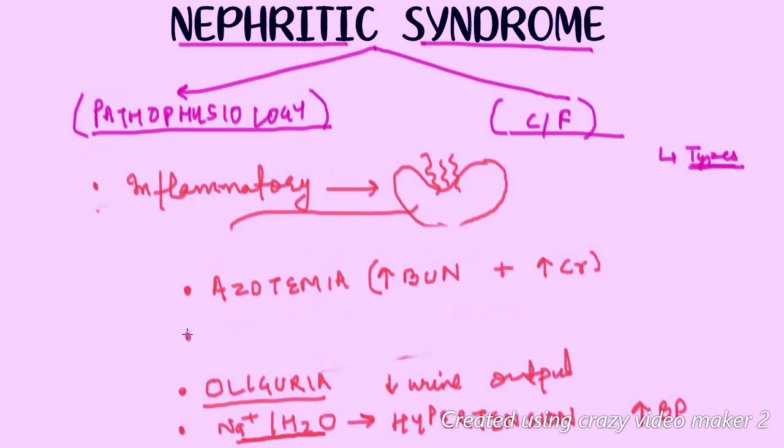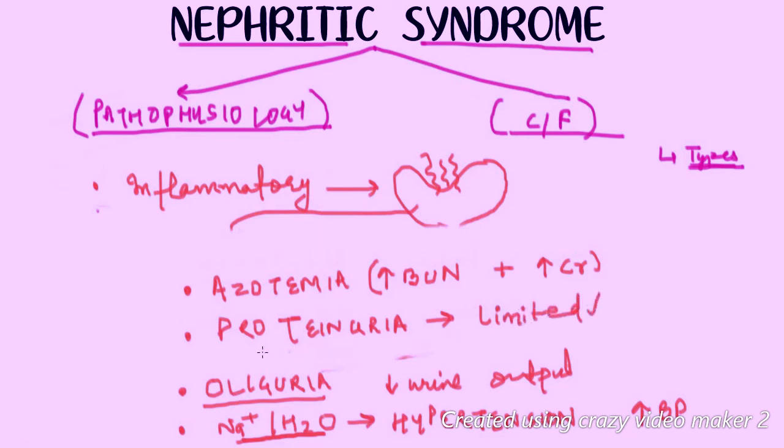Plus also in case of nephritic syndrome, there will be a little proteinuria, not that of the nephrotic range. So there will be proteinuria, but this proteinuria will be limited.